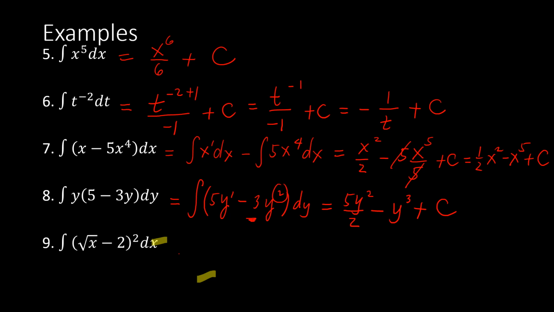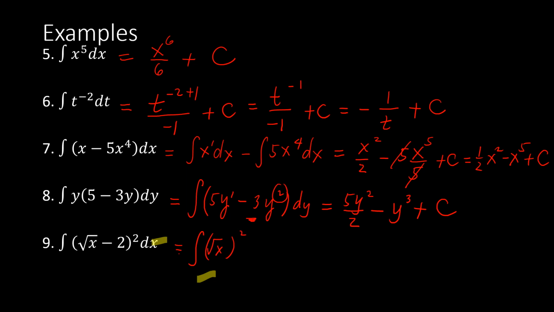Finally, we have the integral of the quantity square root of x minus 2 squared dx. So what we do here is we expand, right? The square root of x minus 2 quantity squared will be equal to square root of x squared.